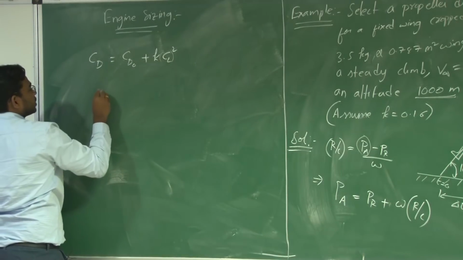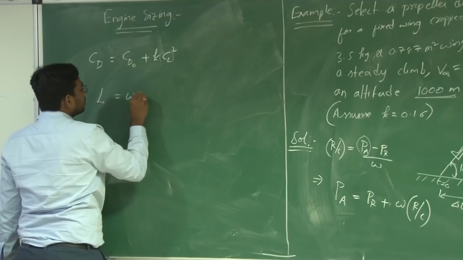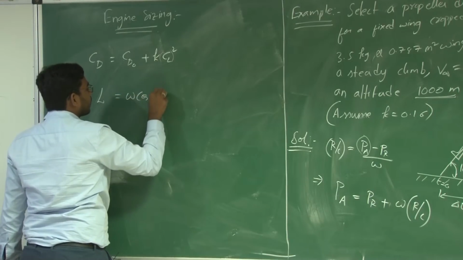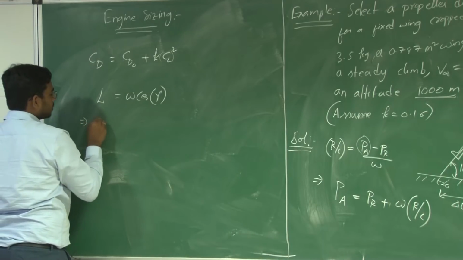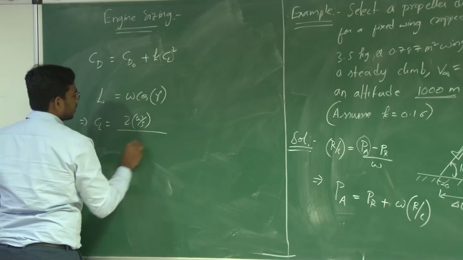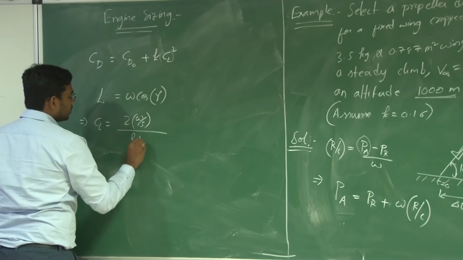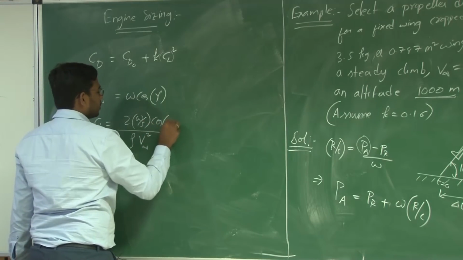So we have another equation from climb, we have L is equal to W cos gamma, right? So this implies CL is equal to twice the wing loading divided by density into V infinity square into cos of gamma.